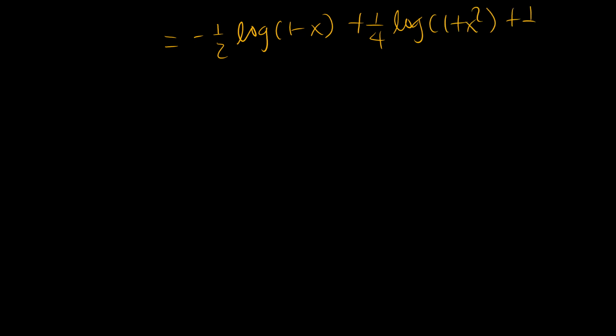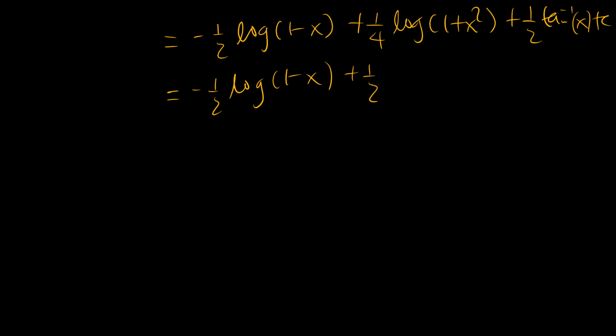So in other words, we have negative a half natural logarithm of 1 minus x. We have a quarter natural logarithm of 1 plus x squared. We have a half arctangent of x plus c. I think that is it. We could as well just say, okay, let's simplify this further.